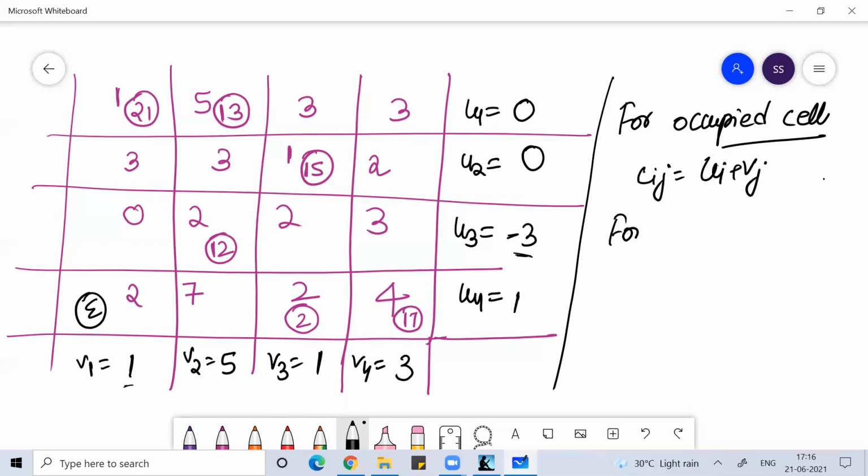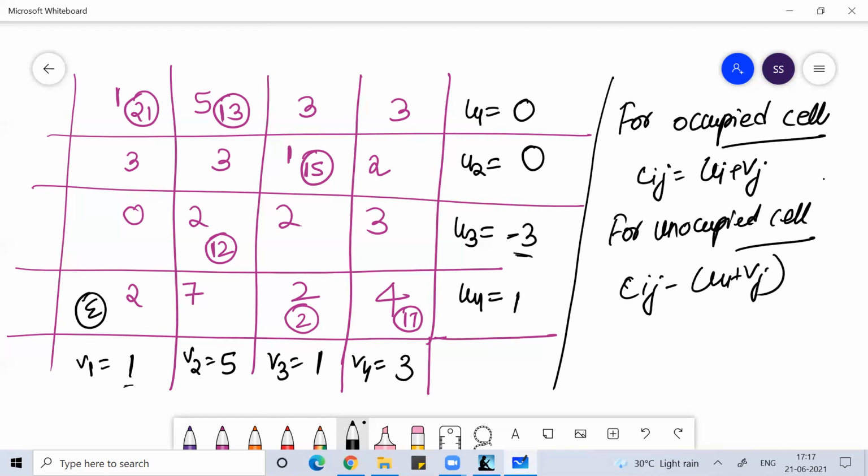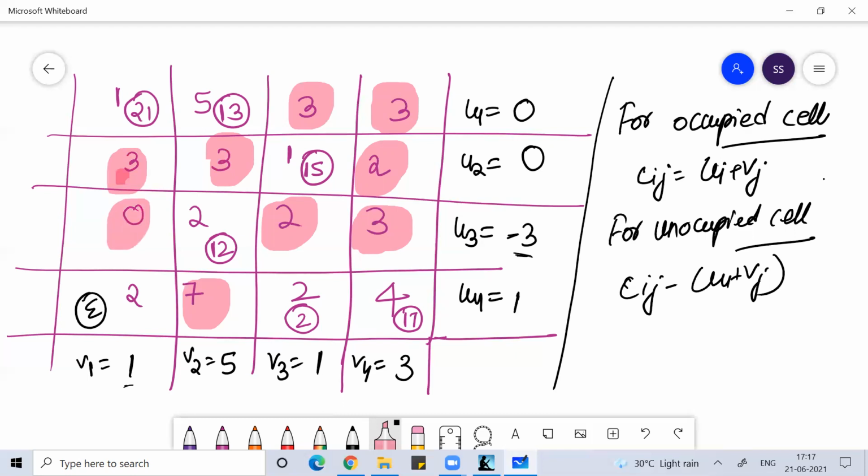For the unoccupied cells, we use the formula Cij minus (ui plus vj). So these are the unoccupied cells, guys.